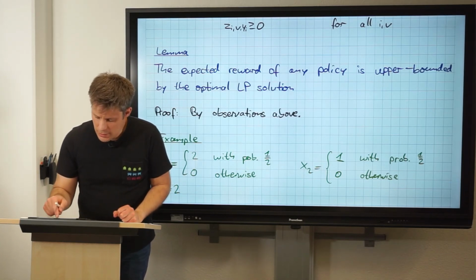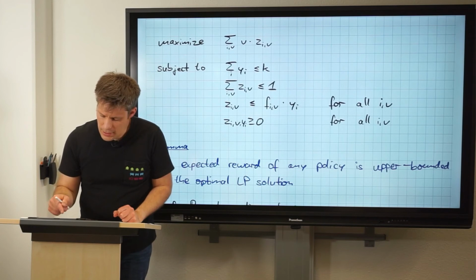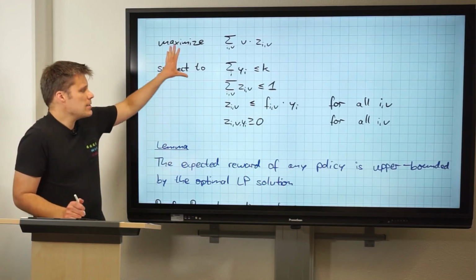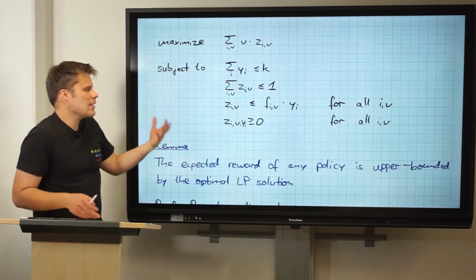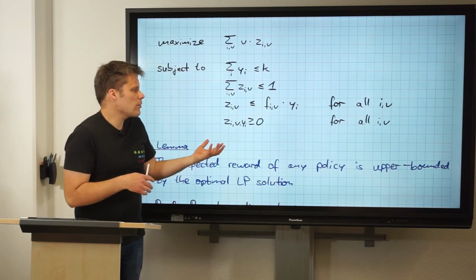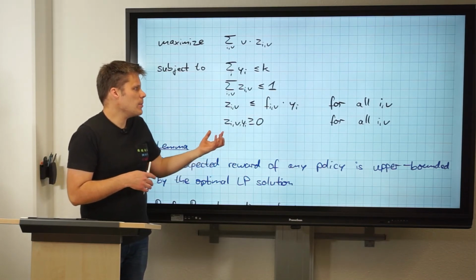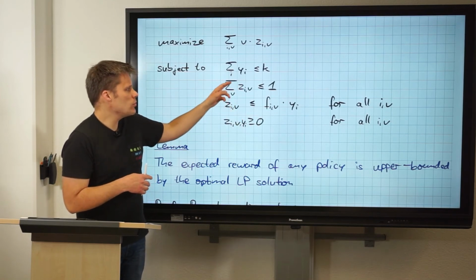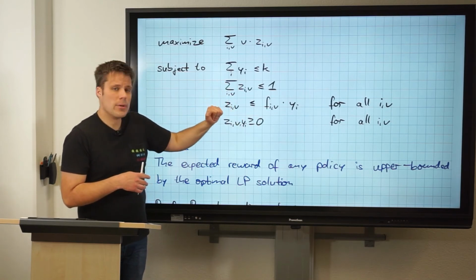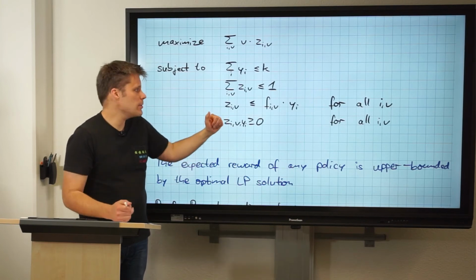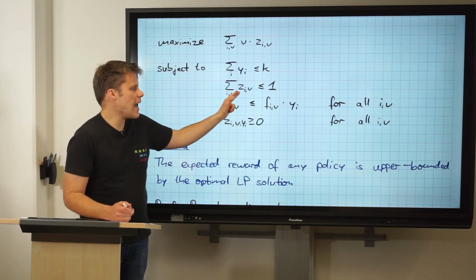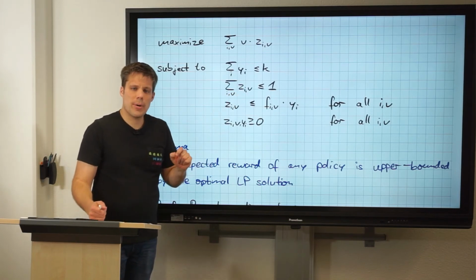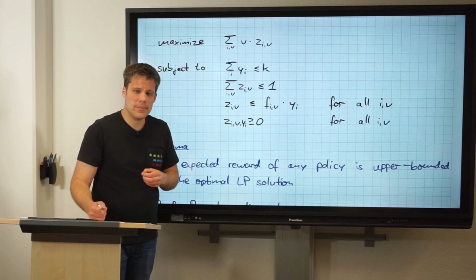But if we now look back at this linear program, it actually doesn't take into consideration any correlations. And what we could do here is we could set the yi to 1 for both boxes. Okay, that's exactly what we're doing. But the ziv we could also set to a half for both boxes when they are not empty.